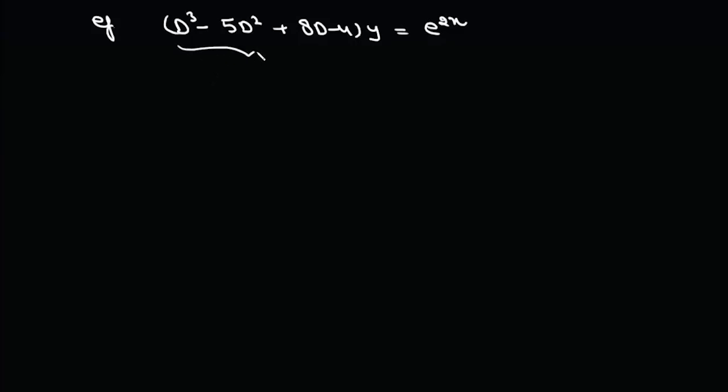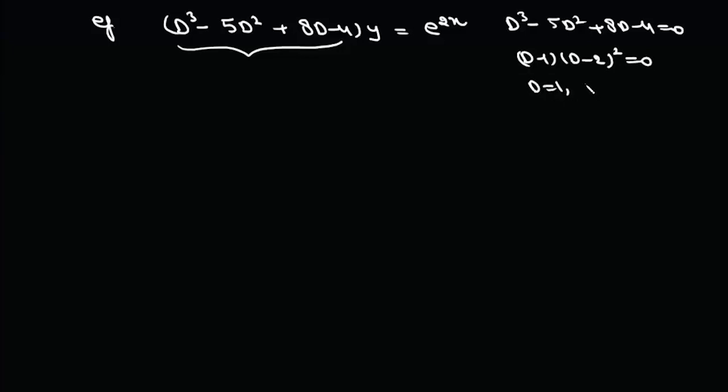Now this is the homogeneous part. So d cube minus 5d square plus 8d minus 4 equals 0. We have solved it previously using the method of undetermined coefficients. So we know it will be (d minus 1) and (d minus 2) square equals 0. So we have d equals 1 and d equals 2 and 2.